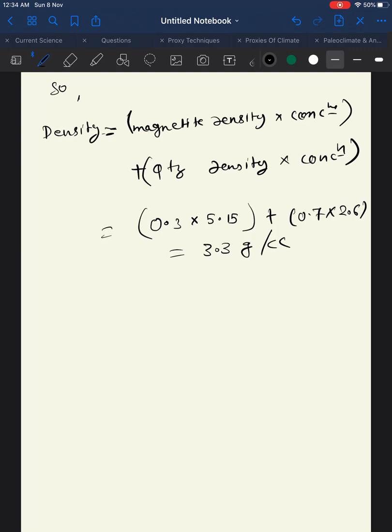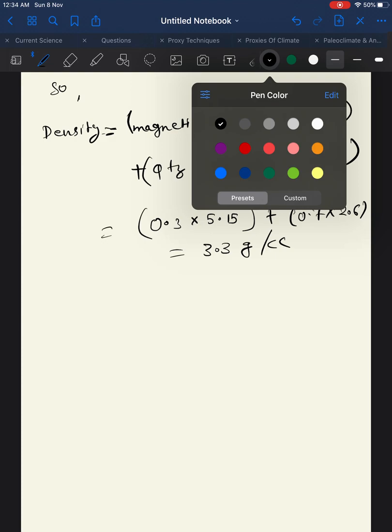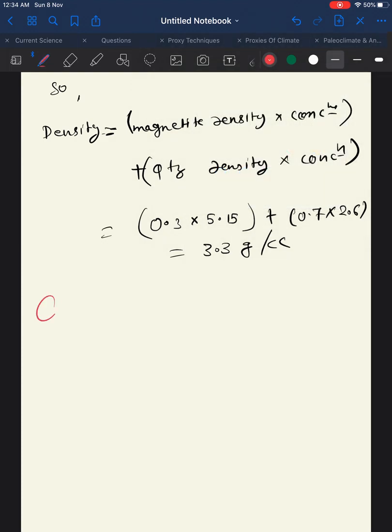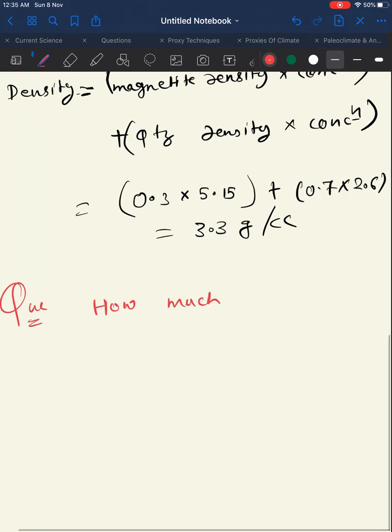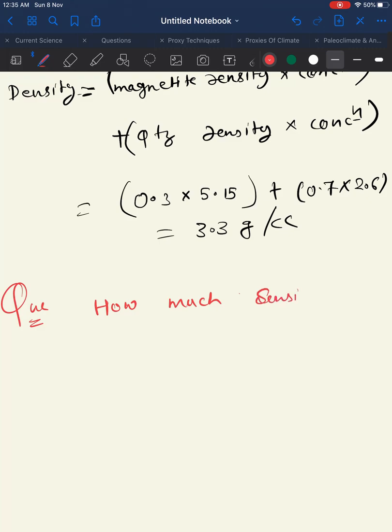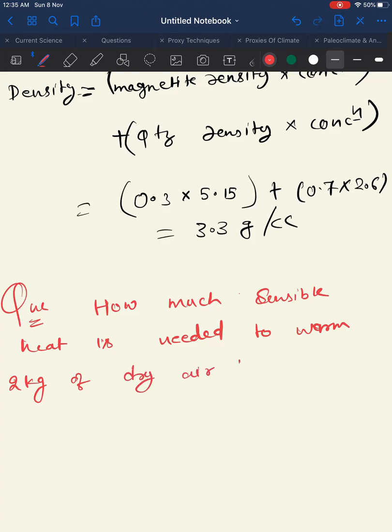climatology. This question is again from the 2013 paper. The question is: how much sensible heat is needed to warm 2 kg of dry air by 5 degrees C?